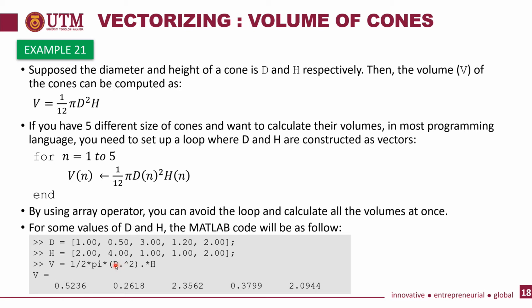If your variable is a matrix and you wanted to do the power, you need to put the dot, d dot power of 2, and then because d and h have the same size, you need to choose the array operator. So you need to put another dot here multiplied by h, because array operator can execute the multiplication of the same array size, okay? All right, so you will get this kind of answer, all right?